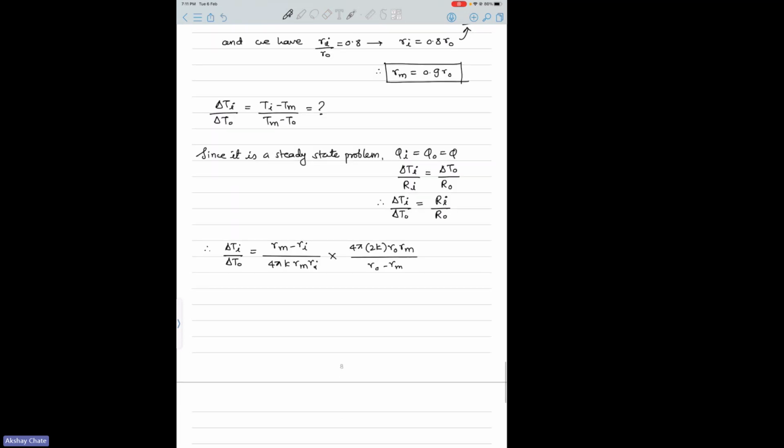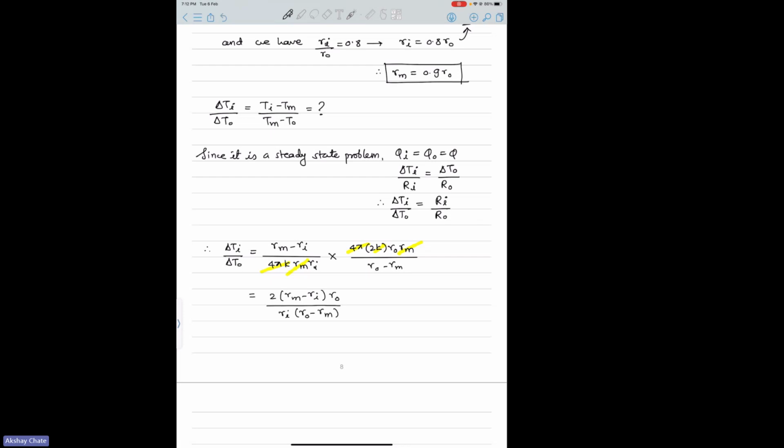Now 4 pi K will get cancelled, and 2 remains. Rm gets cancelled here. Rm minus Ri remains from the first term, 2 Ro remains, and in the bottom there is Ri and Ro minus Rm.